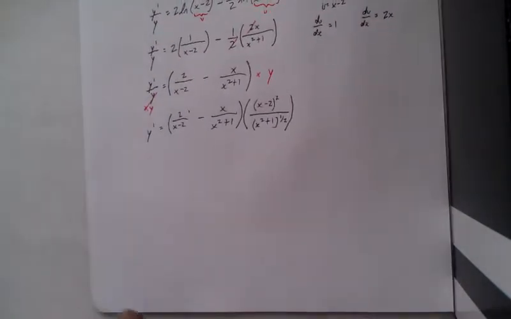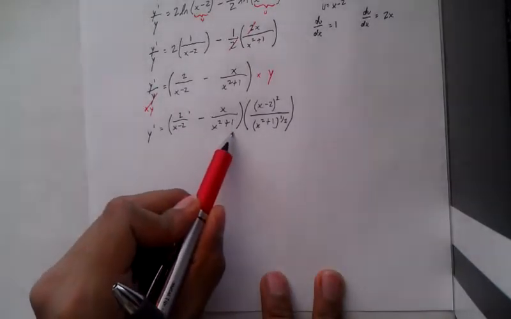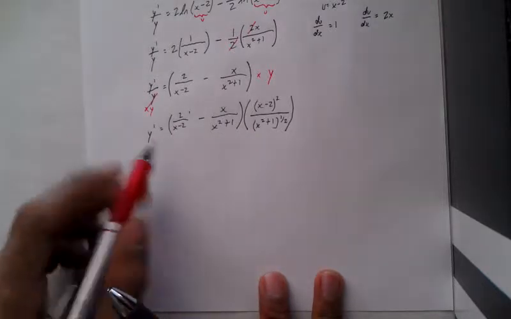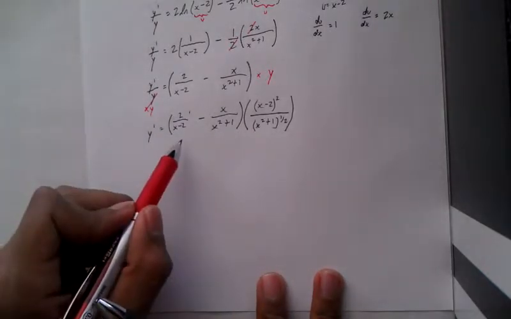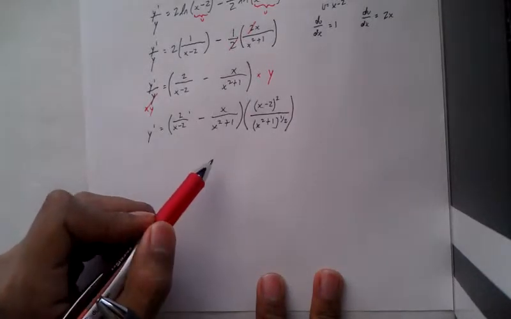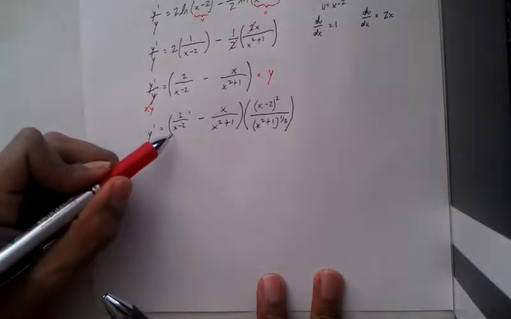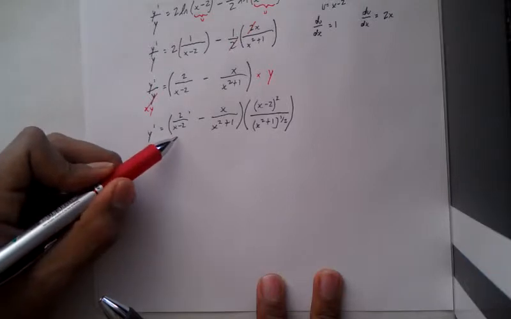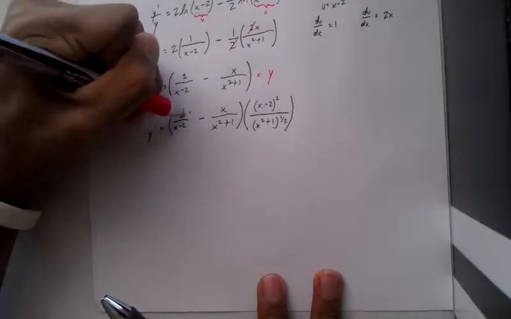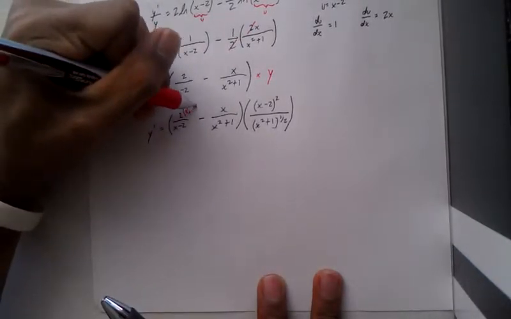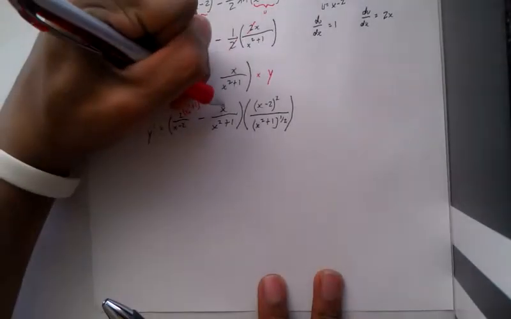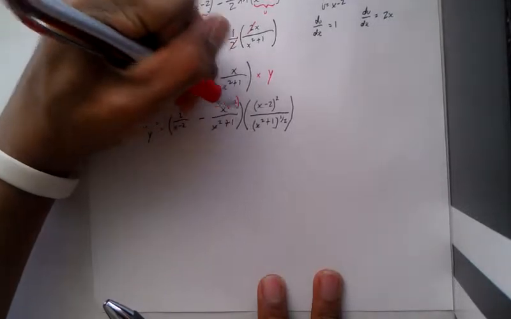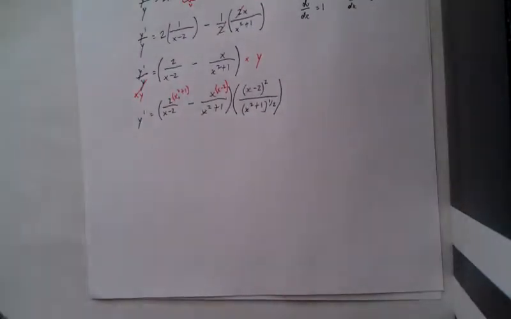Now it's just a matter of simplifying. So I'm going to deal with this first factor, and what I'm going to do is get a common denominator of (x minus 2)(x squared plus 1). So this term over here is missing an x squared plus 1, so I'm going to multiply it by x squared plus 1. This term over here is missing an x minus 2, so I'm going to multiply that by x minus 2.